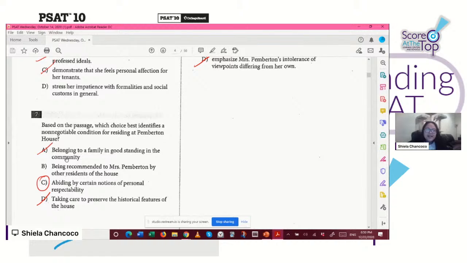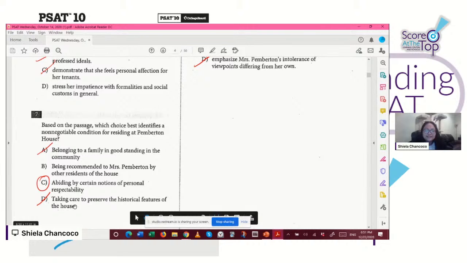So let's look at the choices here. A, belonging to a family in good standing in the community. This was not really the purpose of why she gave those terms, right? She was trying to keep everyone at bay, no tomfoolery going on. So A is not really the best answer here. Let's move on to D just so we can eliminate it. Taking care to preserve the historical features of the house. No, definitely not. She did not mention anything about preserving the house.